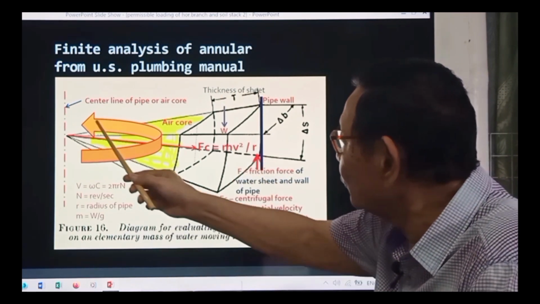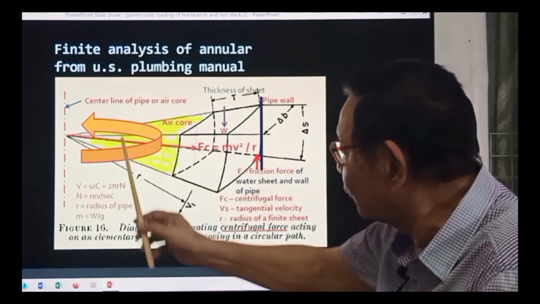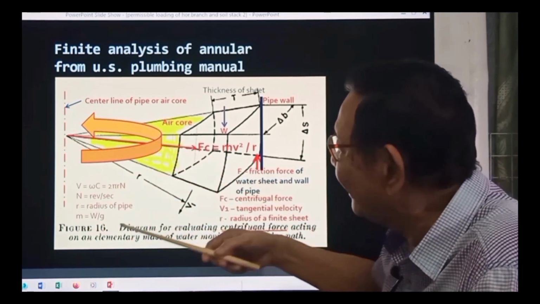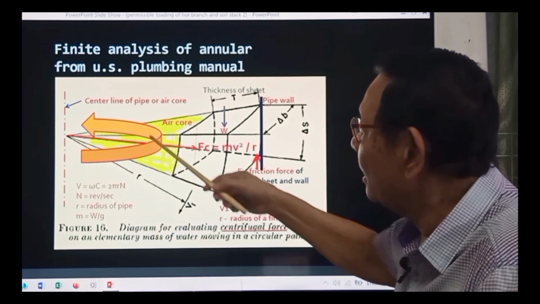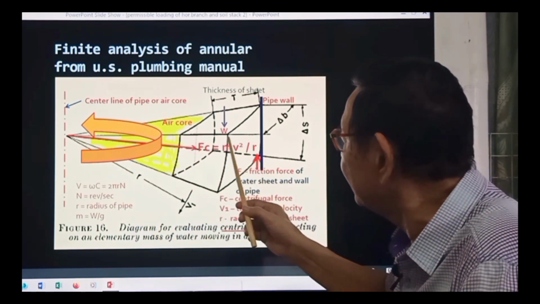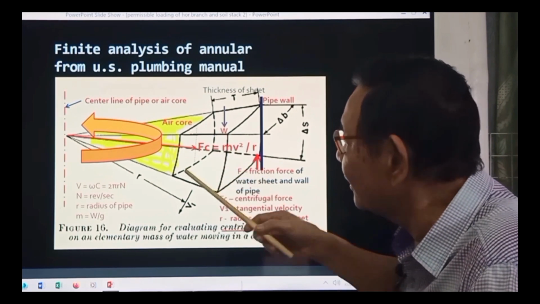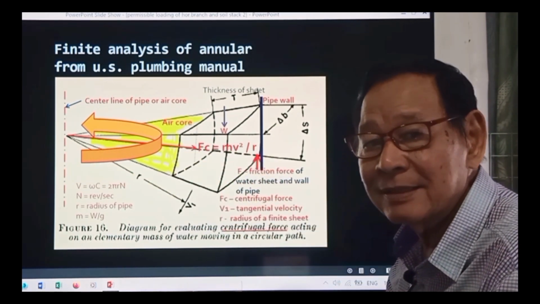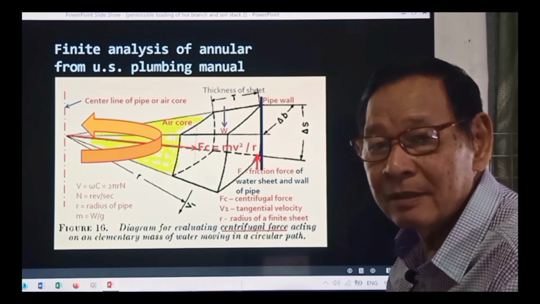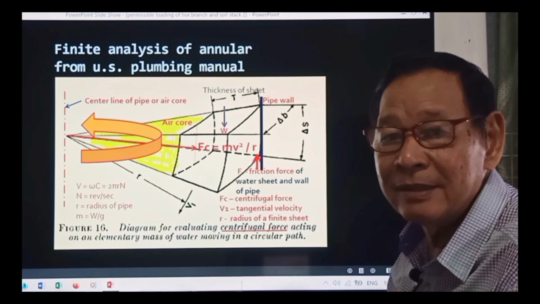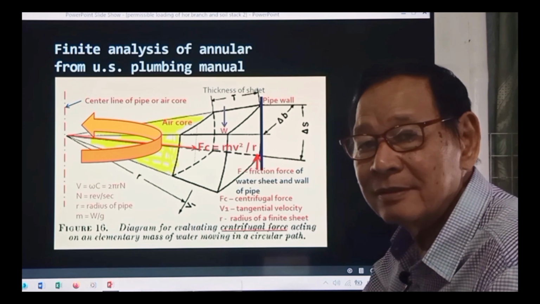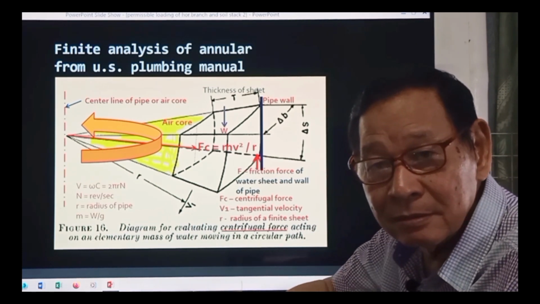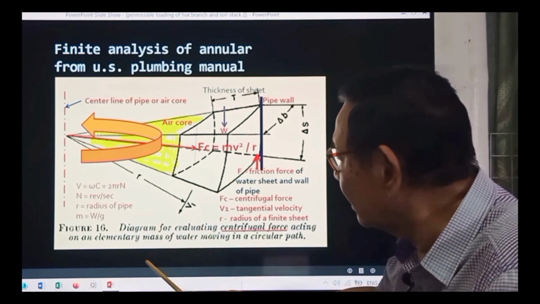Okay. Itong center line ng pipe, ng shaft natin o slack natin, ang air core umiikot yan. Pag umiikot yung air core na yan, kasama din ito, iikot din siya yung tubig na yan. Kasama din si vortex na yan. Di ba yung tubig na dinidrain mo sa kitchen, sa sink, umiikot.